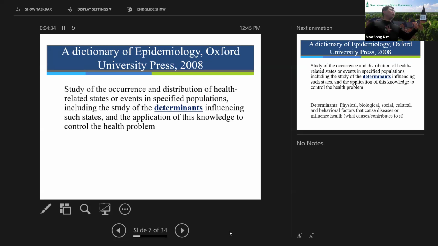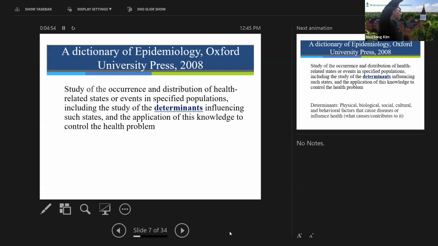Determinants, we already know the determinants. What is the meaning of determinant? The cause. Yes, cause of disease is the determinant. We talked about it in the last class. Do you remember this triad?